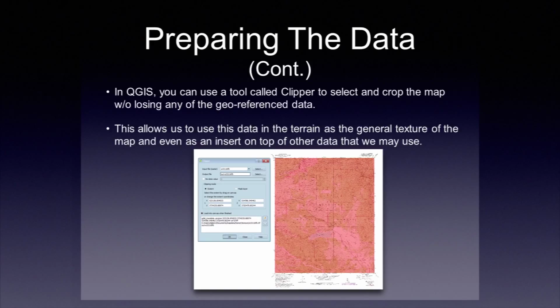In this slide, we show the Clipper command activated. It is focused on the map that we're going to edit. The area that we're going to cut out to use is selected in red.